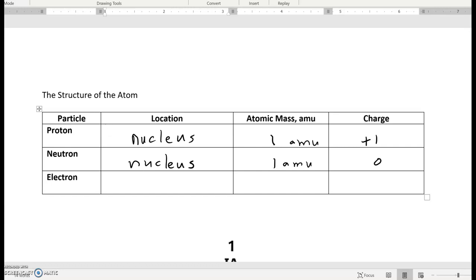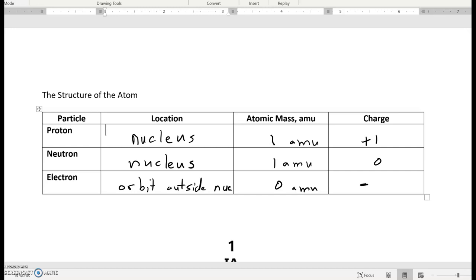The electron is orbiting outside the nucleus. It has essentially no mass. It does have some, but it's so small compared to 1 AMU that for all practical purposes, you only need to know it as a 0 atomic mass.